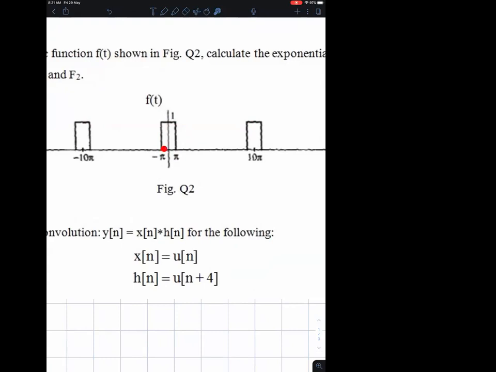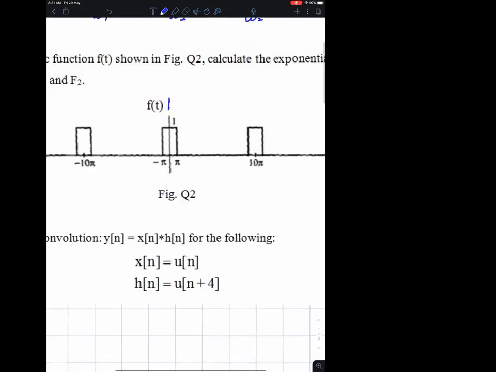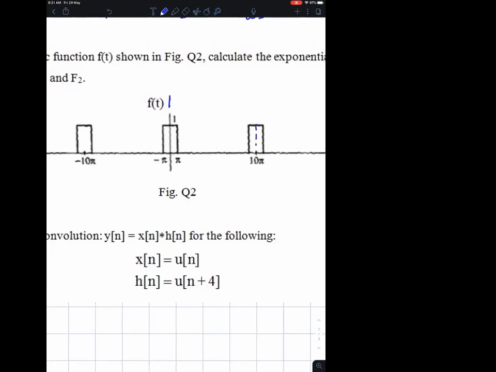That is, the width is 2 pi. So this signal has a period, if you take from center to center. Period is 10 pi.